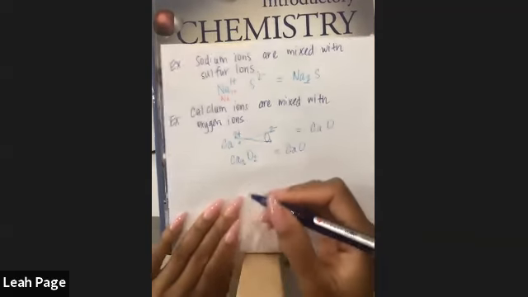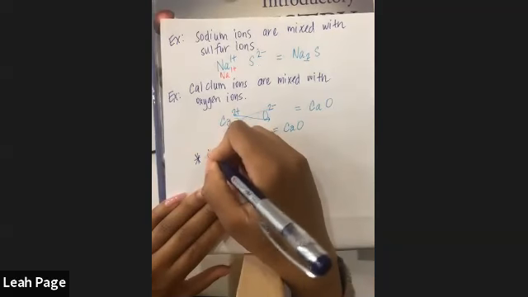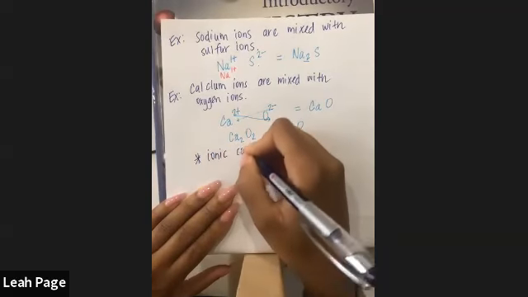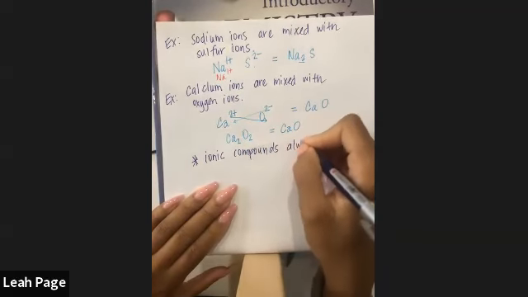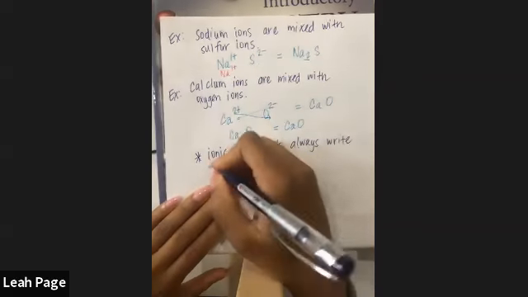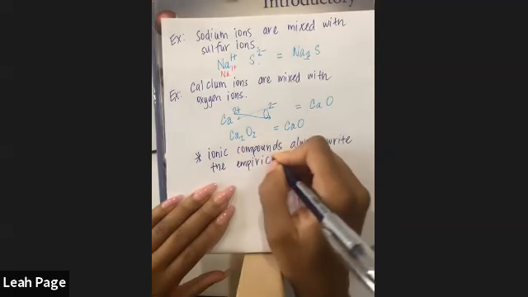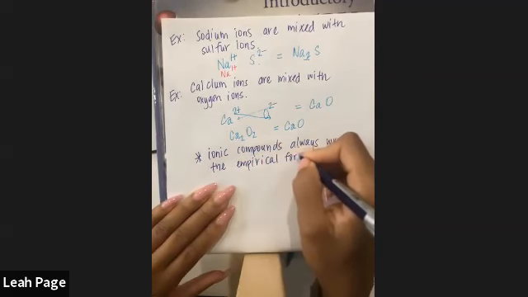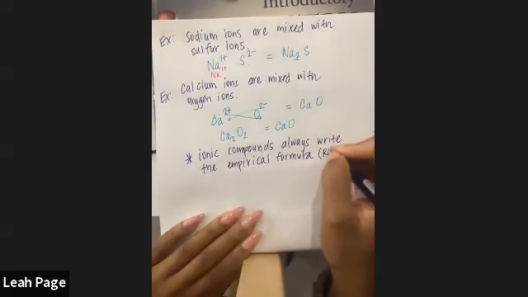And so I'm gonna put a star here and say, ionic compounds always write the empirical formula. And remember, the empirical formula is just the ratio, the simplified version of the formula. I'll say simplified.